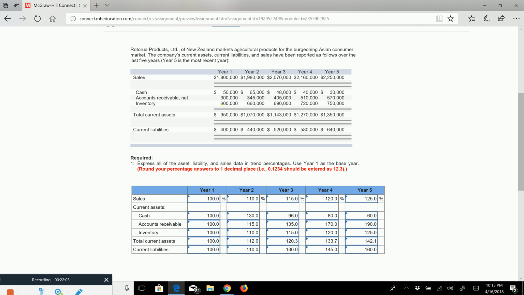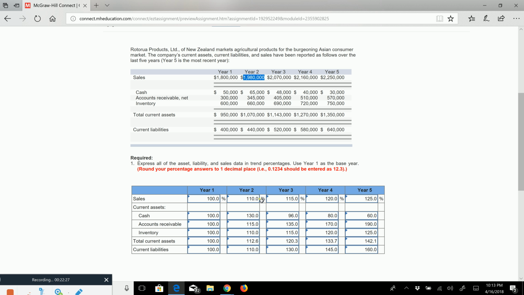As an example, sales, $1.8 million. That's 100%. In year two, it was $1,980,000. That is 110%. That is $180,000 more, or 10% more than year one. You want to see, at least for sales, your percentages grow. That's a good thing.